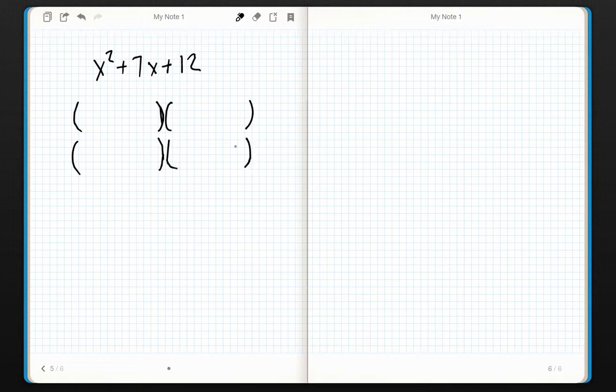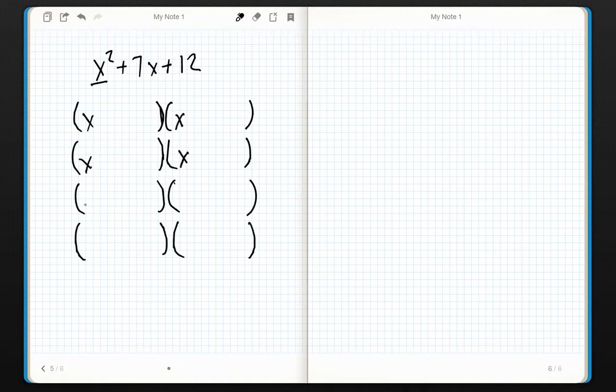When I'm teaching this to beginners, I usually start by setting up a series of parentheses. Four is often a good start. Now, we know that the first term is x squared, and since there's only one way to build an x squared, by multiplying an x by an x, I'm going to go ahead and fill those in, because I know that the factored form of this trinomial is going to begin with x.